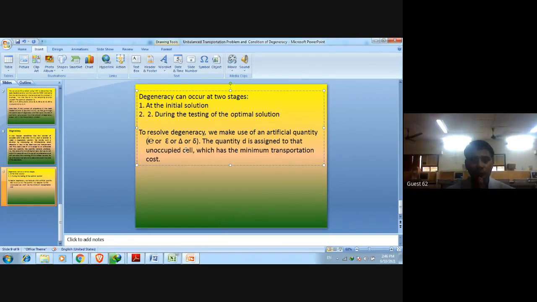We will not write 0. Actually, this quantity tends to 0, but it is not 0. So I am writing down here.